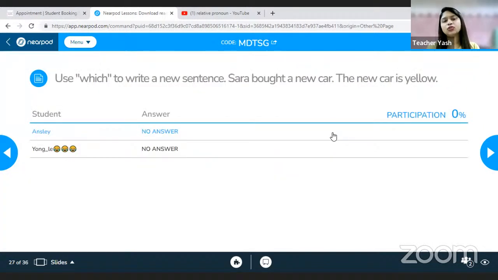After you make these two sentences into one, you can make your own sentence.